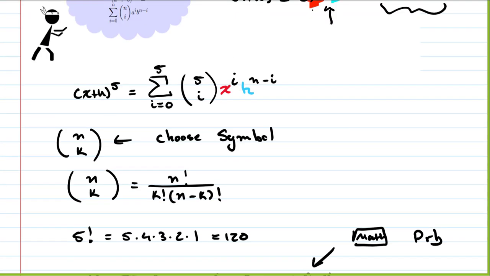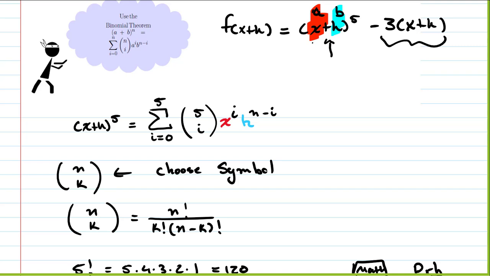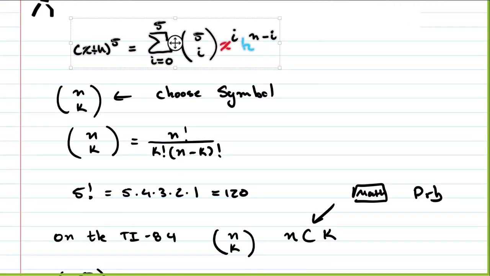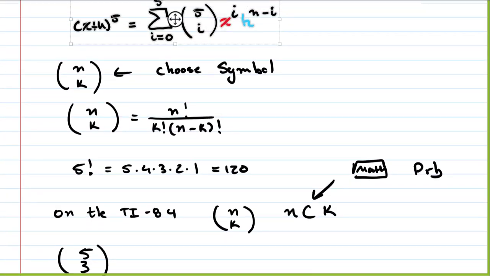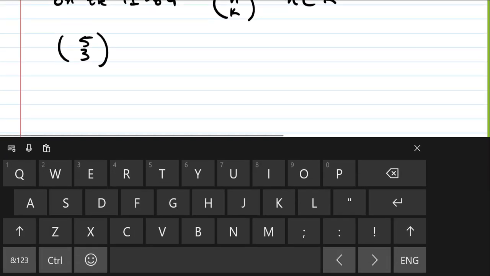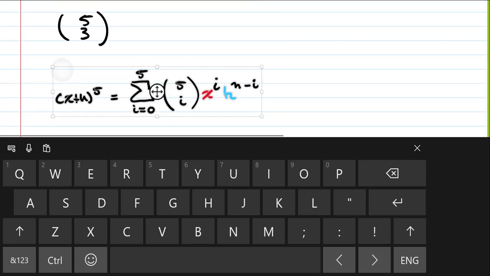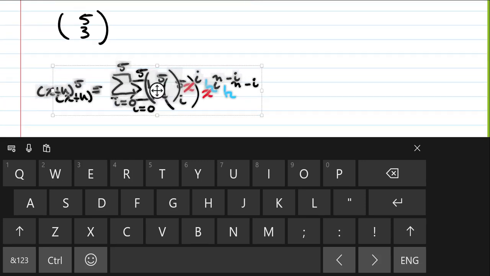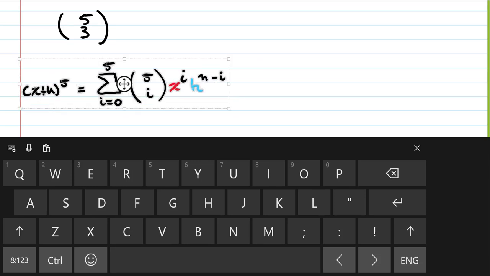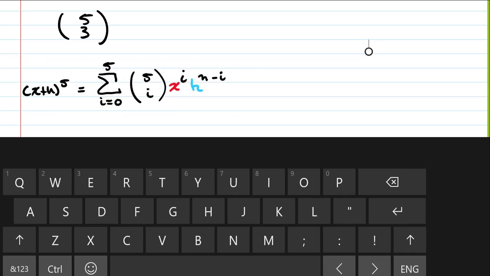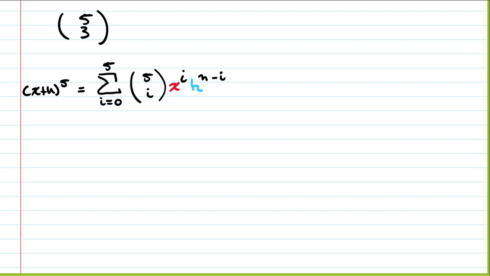So now back to what we are actually trying to calculate, which is this piece right here. Writing all of this out, we have our sum as i goes from 0 to 5.